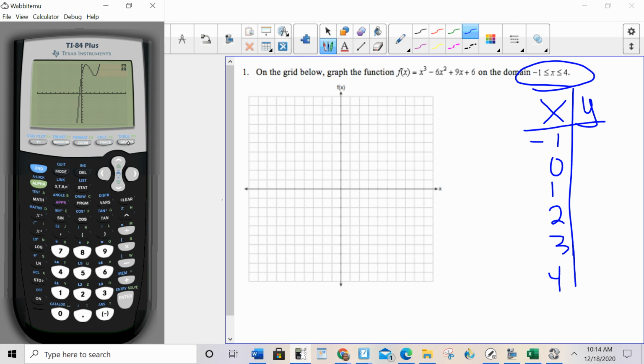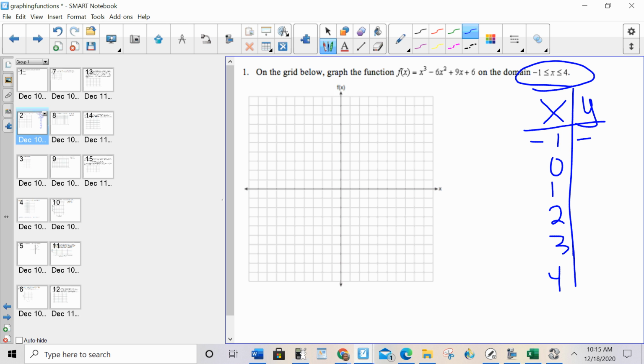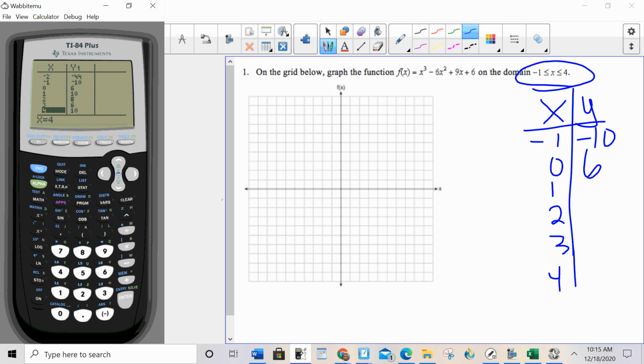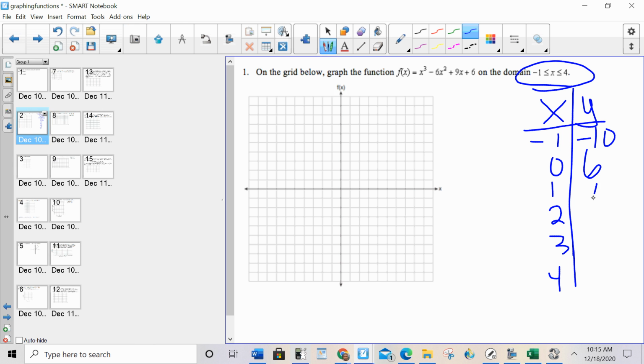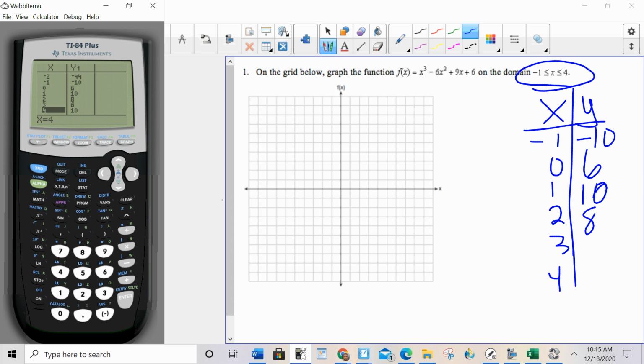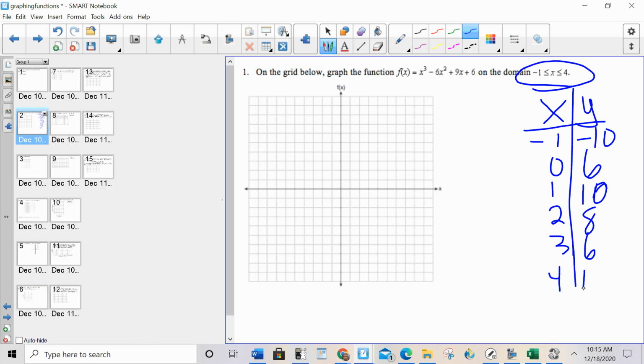And I am going to go to my table, and I'm going to write down the points from -1 to 4. So at -1 is -10, 0 is 6, 1 is 10, 2 is 8, 3 is 6, 4 is 10.